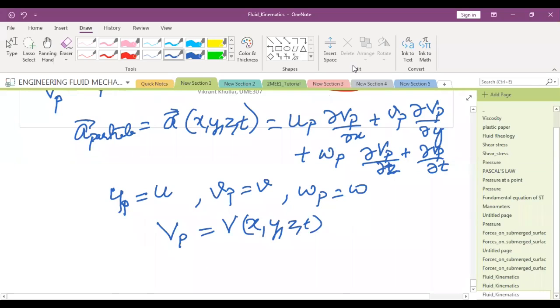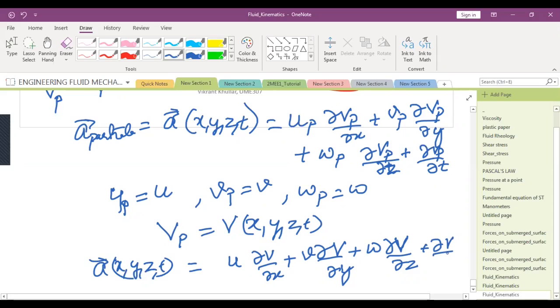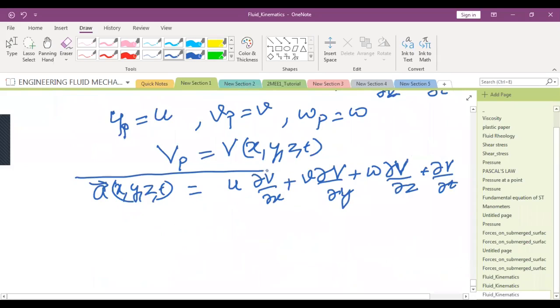So finally, I get acceleration in the form of the flow field. This becomes u ∂V/∂x plus v ∂V/∂y plus w ∂V/∂z plus ∂V/∂t. Is that clear? Any doubts in this expression?